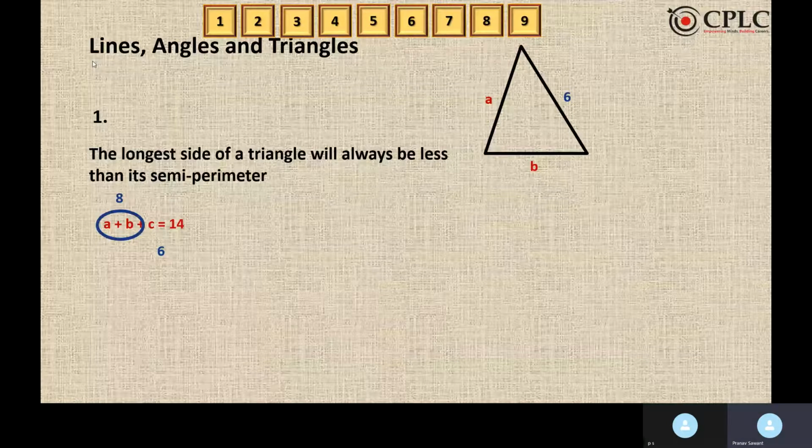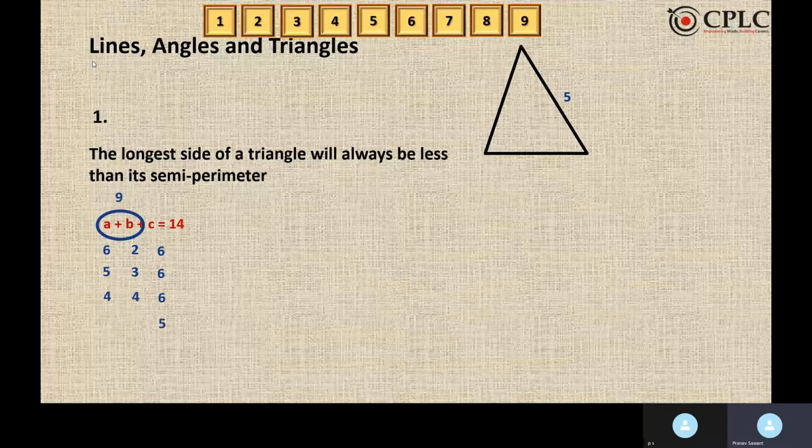So 6 and 2 is the first possibility, and yes, it is satisfying. 5 and 3 is the second possibility, and yes, it is also satisfying. 4 and 4 is another possibility, yes, it is satisfying. Now, these are the only three triangles that can be formed by using 6.